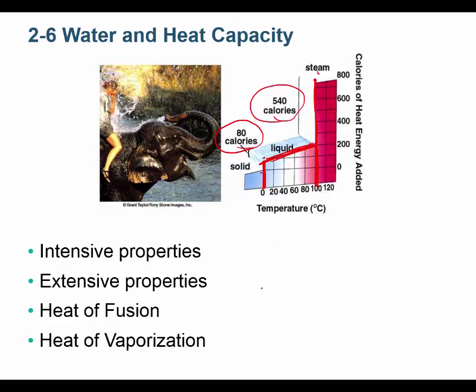And the relationship that I have between 0 and 100 in the liquid form is the amount of energy it takes to change 1 gram of water, or 1 milliliter of water, which by the way weighs 1 gram, 1 degree Celsius is 1 calorie. 1 calorie is required to raise the temperature of 1 milliliter of water 1 degree Celsius. That's the definition of a calorie, by the way.